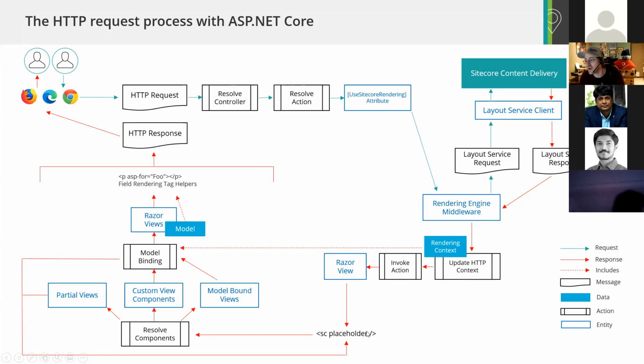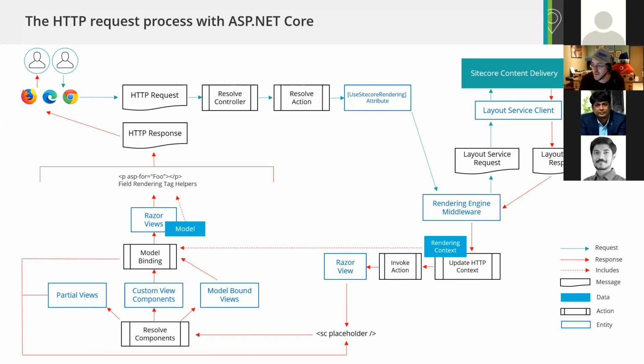And from here, what we call tag helpers take over. So tag helpers are sort of like HTML helpers in MVC5, but they have a syntax that's much more HTML-like. So your Razor looks quite a bit cleaner in that way.